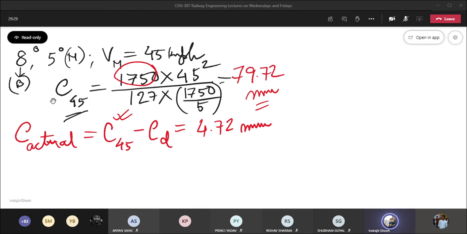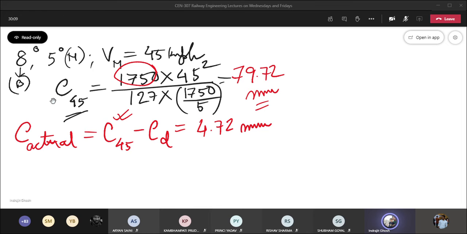Here I have not noticed any problem related to negative super elevation where they have used a cant deficiency value of 100. 100 millimeter is for the special case, with special permission, for special class A and B routes, which we saw when I discussed the value chart. The reason could be that negative super elevation is provided at a location where you expect trains to move at a lower speed. Even in the problem given to you, it says 45 kmph only on the main track.